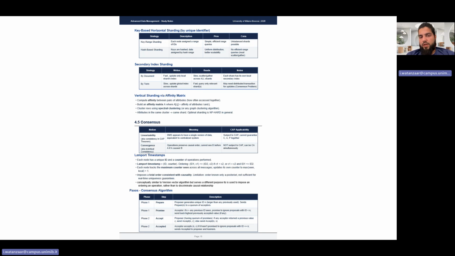These phases are sometimes divided differently: prepare and promise are considered phase 1, and in phase 2 we have accept and accepted. So the first is the preparation phase, and the last is the acceptance phase of the consensus algorithm.